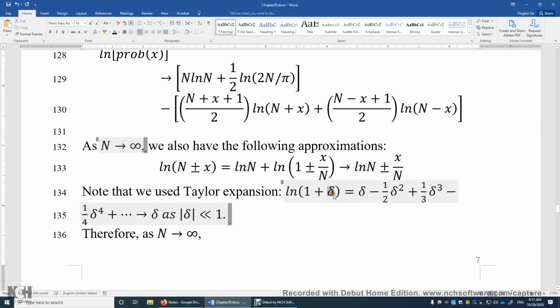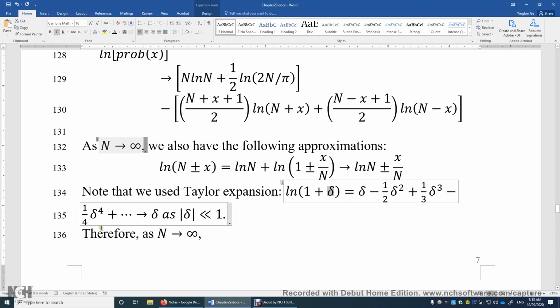So if delta is 0.1, you can verify the logarithm of 1.1 is simply 0.1 minus 1/2 times 0.01 plus 1/3 times 0.001 minus 1/4 times 0.0001.